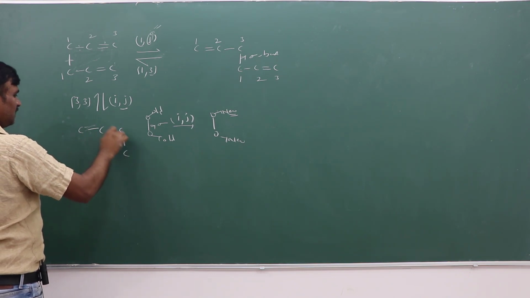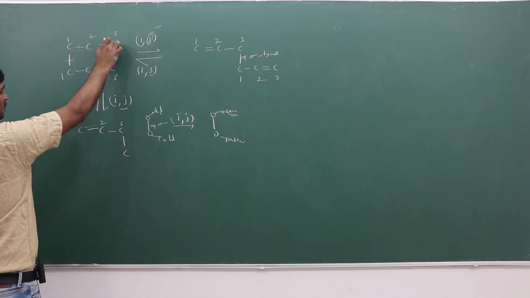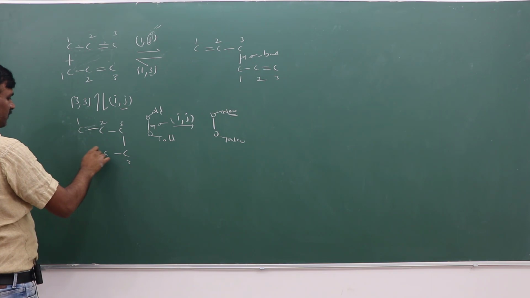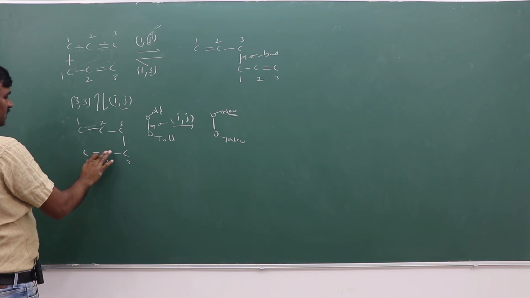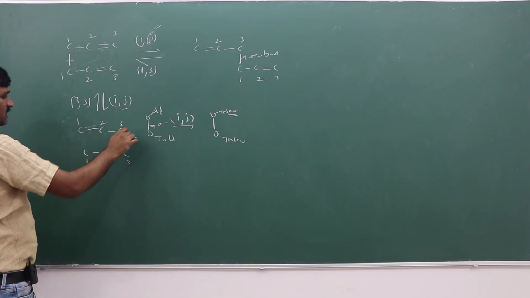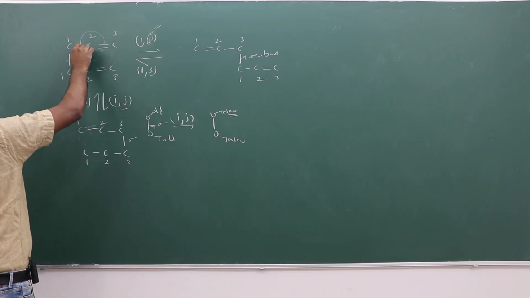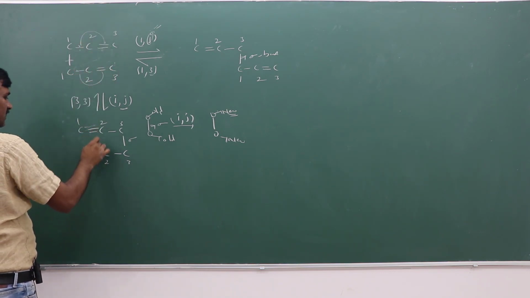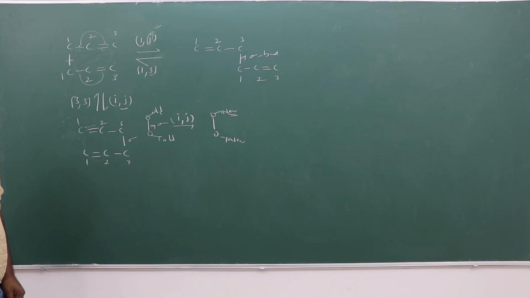Between the carbons 1, 2, 3 and 3, bond formation takes place. Sigma bond formation takes place, and this is going to be shifted here, like this. After migrating the sigma bond, both ends are at the new positions, 3 and 3.